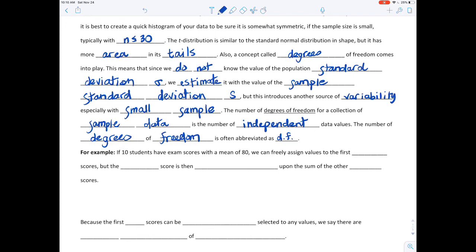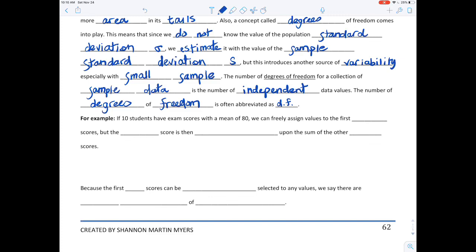So, okay, we're not going to go too much into depth on this, but here's an example. Let's say you have 10 students that have exam scores with a mean of 80, all right? So what does a mean of 80 mean? It means that the summation of these 10 test scores, call them each xi, so x1 would be test score 1, x2 test score 2, etc., this whole summation we know is going to equal 800, right?